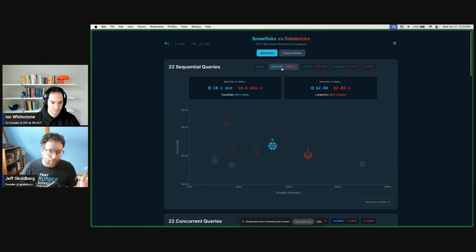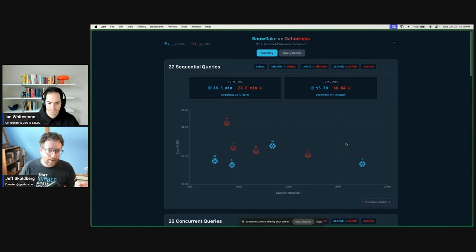If I highlight the comparisons for you, at this lowest normalized comparison tier, which is medium versus small, Snowflake was 30% faster, but Databricks still came in 25% cheaper. Here on the large versus medium, Snowflake just blew it out of the water, head and shoulders above on both metrics. And here also head and shoulders above on both metrics.